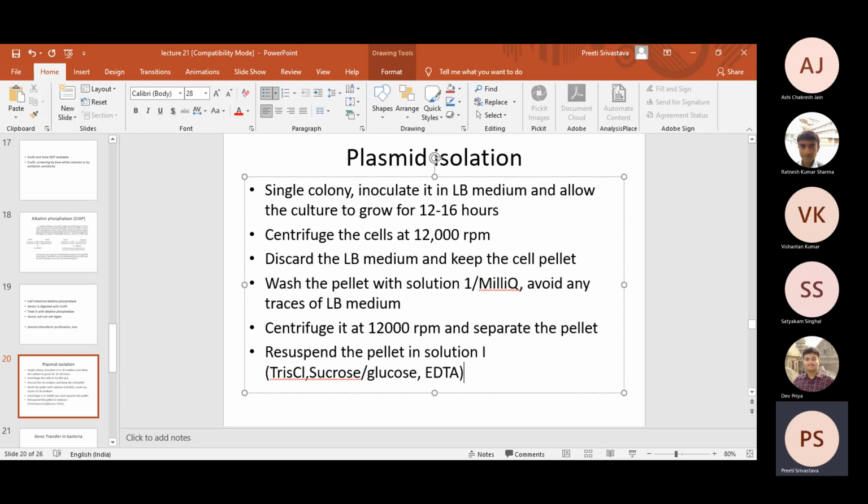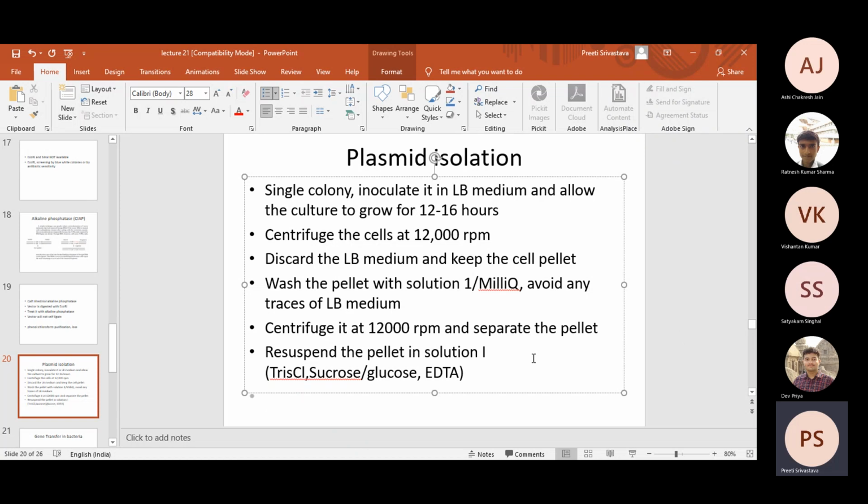So the purpose of Tris-Cl is that it is a buffer. Sucrose and glucose are added to make the solution hypertonic, so it helps in lysis of the cells. And EDTA, as we discussed previously for genomic DNA isolation, chelates magnesium ions which are present in the cell membrane, and once these magnesium ions are removed, the membrane gets destabilized.